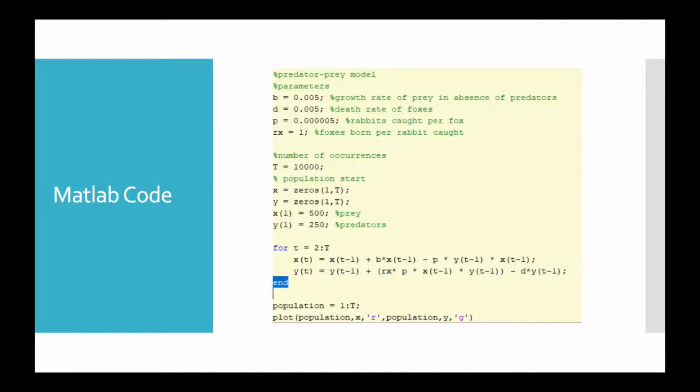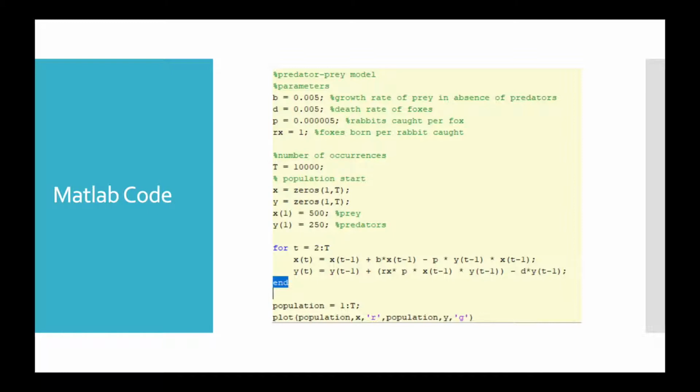So as I said before, we're going to have a for loop going from 2 to 10,000, and then for the set of equations, we have one for the prey population and one for the predator population.